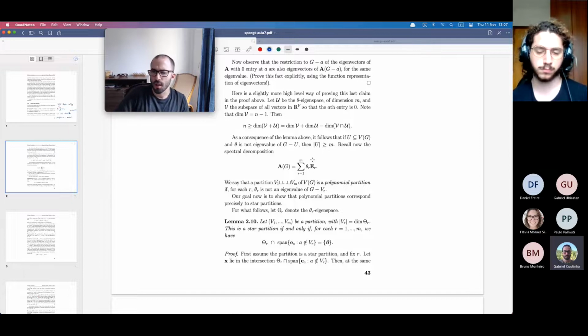At the end of last class, I also defined another kind of partition called the polynomial partition.